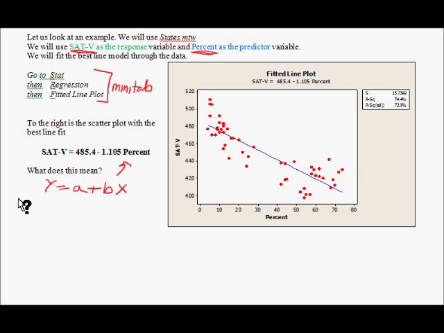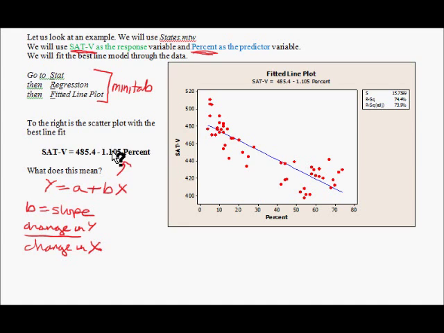Well, the b is easy to interpret, at least in a straight line. The b here is just a slope. Slope has a nice interpretation. All it is is the change in your y divided by your change in x.